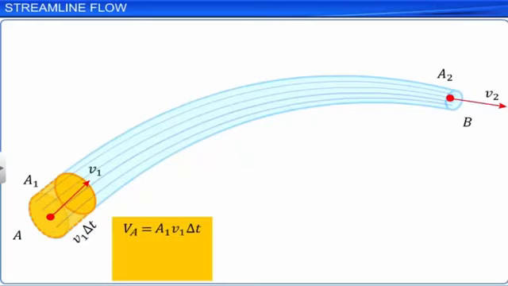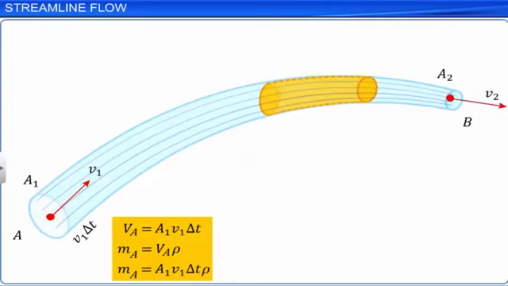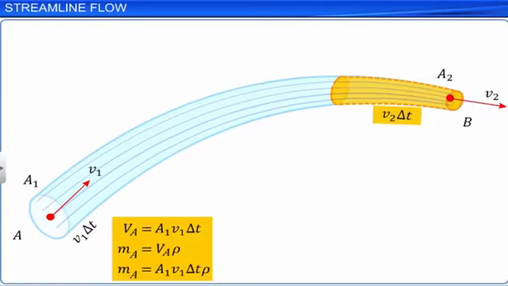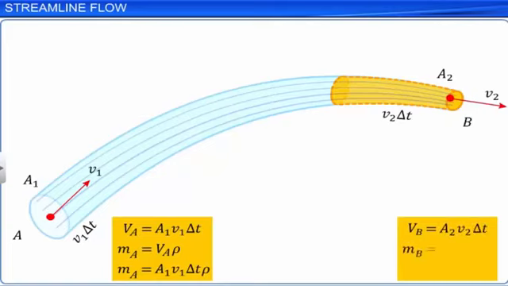If ρ is the density of the fluid, the mass of the fluid, Ma, entering the tube at A in time delta t is A1 V1 delta t ρ. Similarly, consider a small cylinder of length V2 delta t at the end B. Then, the volume of the fluid Vb going out of the tube through the cross-section at B in the same time delta t is A2 V2 delta t.